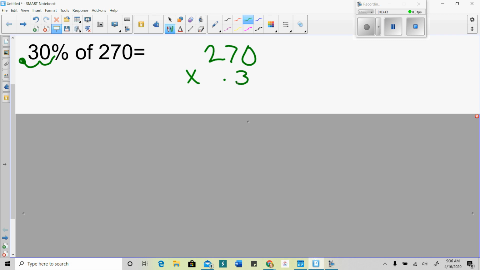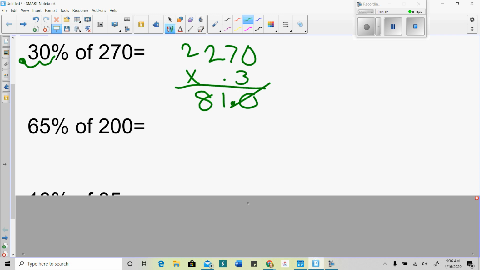I'm just going to do 0.3 because you don't need the 0 on the end. It's not a placeholder. So 3 times 0 is 0. 3 times 7 is 21. 3 times 2 is 6, plus 2 is 8. And I need 1 decimal place. And so on this one, I could actually get rid of that 0. So I would end up with $81. That is 30% of 270.